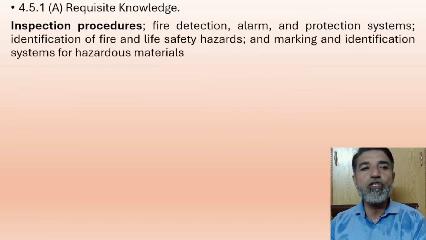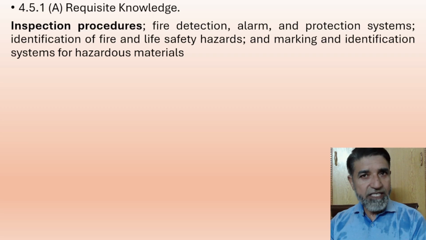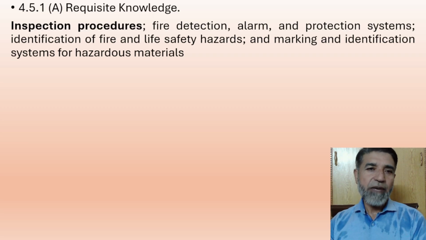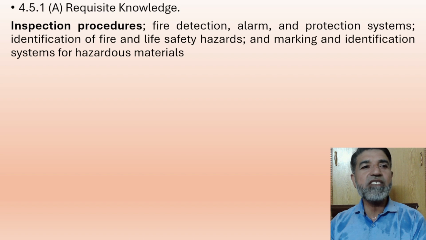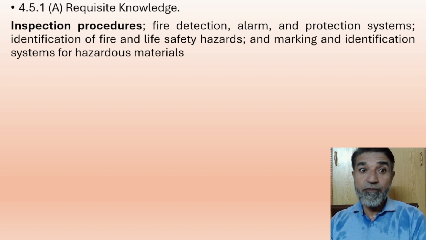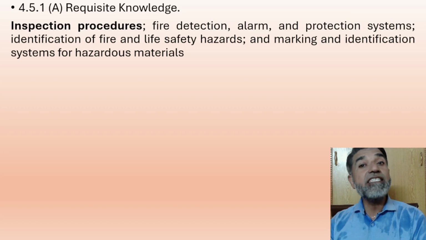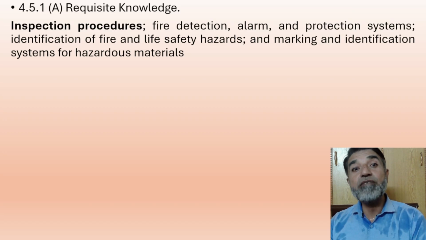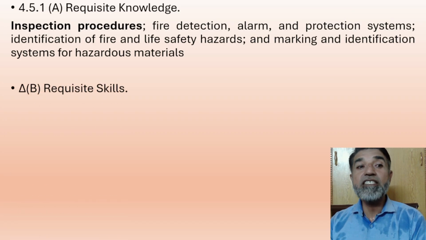He has to know. Requisite knowledge for this is inspection procedures, fire detection, alarm, protection systems, identification of fire and safety hazards, and marking and identification of hazardous materials. He has to know all about that. This knowledge is very much necessary.